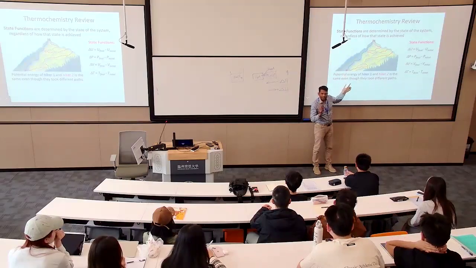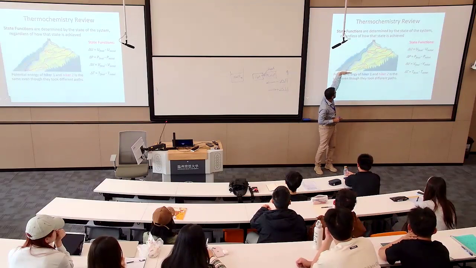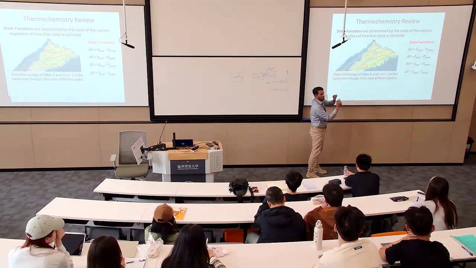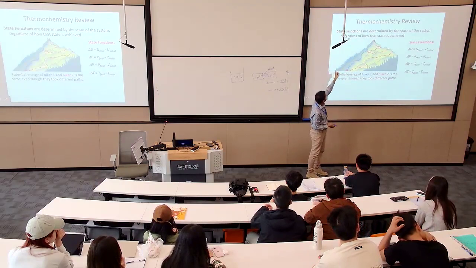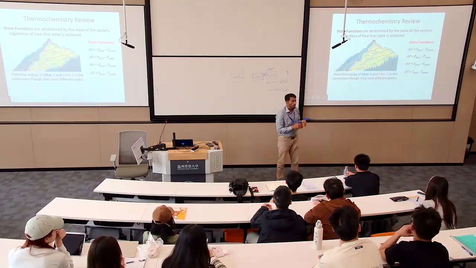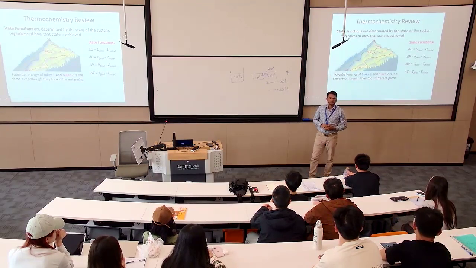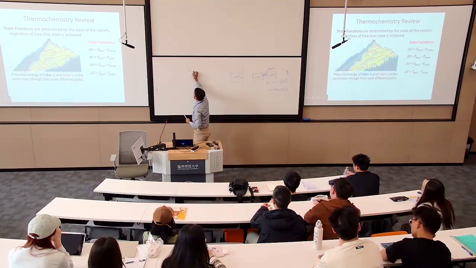So it means the potential energy does not depend upon the path. It depends upon the state. When the state is changed, you can calculate how much that property changed. So any property which does not depend upon the path but depends upon the state is called a state function. And interestingly, state functions are always written in capital letters.